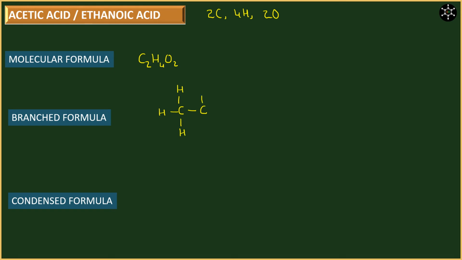Second carbon is having a double bond with one oxygen and a single bond with another oxygen. Remaining one hydrogen will sit on this oxygen. We know that in the condensed formula, these hydrogens will be written together with carbon. This group will be written as COOH, but we will be mentioning the single bond between carbon and carbon. So condensed formula will be CH3 single bond COOH.